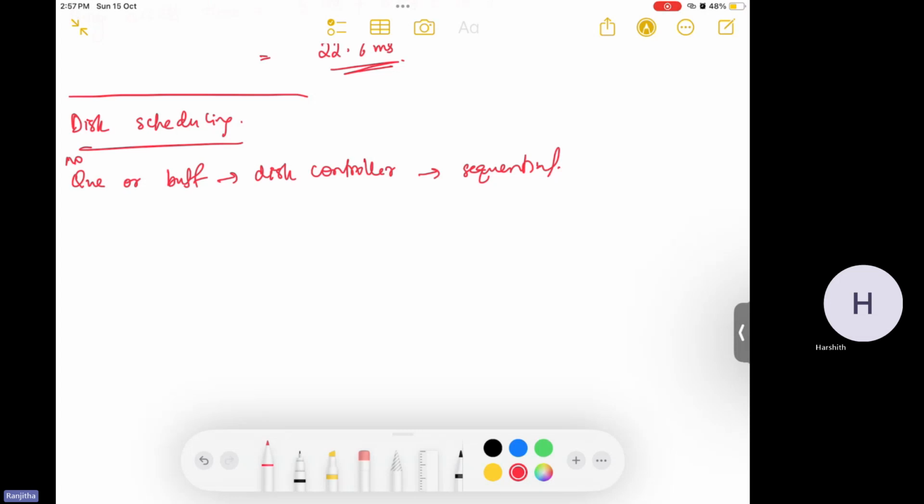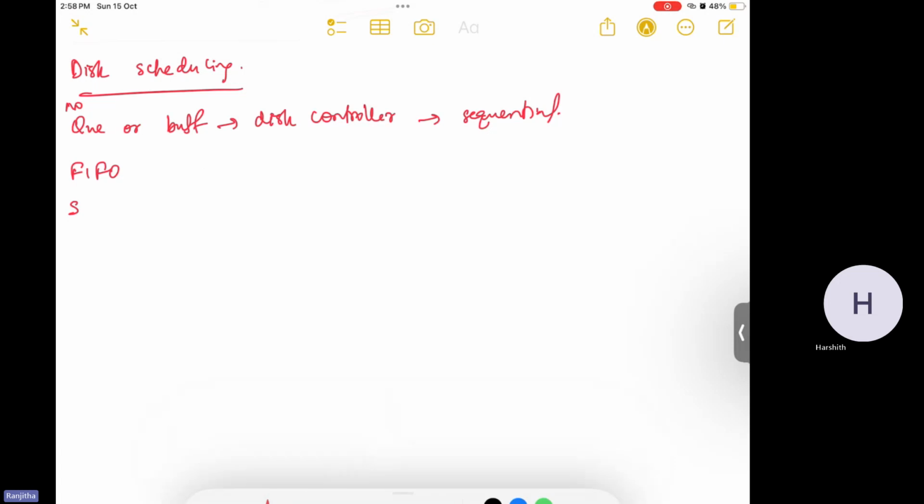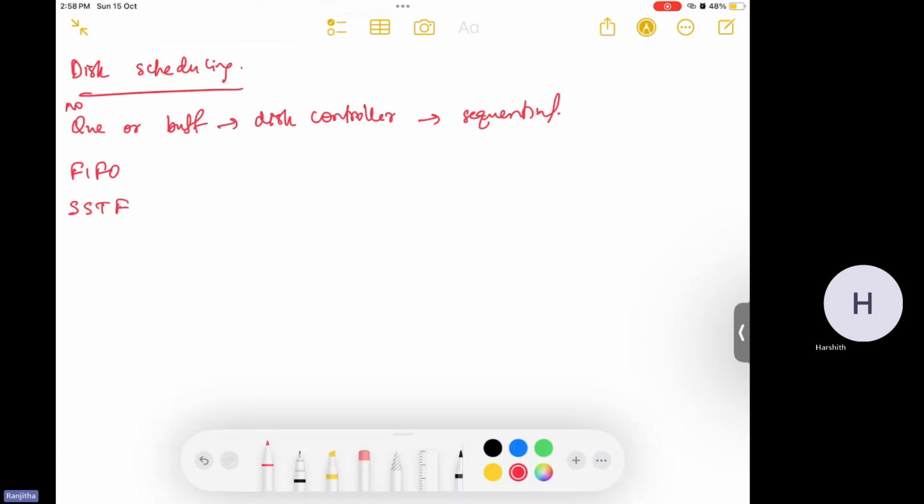Like in CPU scheduling, we have multiple different disk scheduling algorithms. We have first in, first out. Then, like shortest job first, we have SSTF, shortest seek time first.